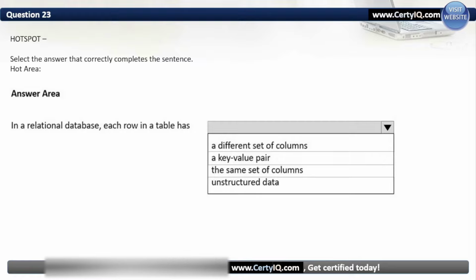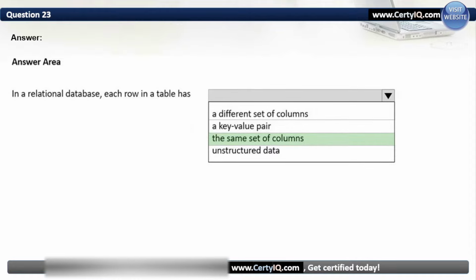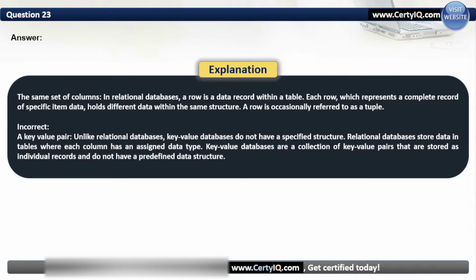Select the answer that correctly completes the sentence. In a relational database, each row in a table has. The correct option is the same set of columns.